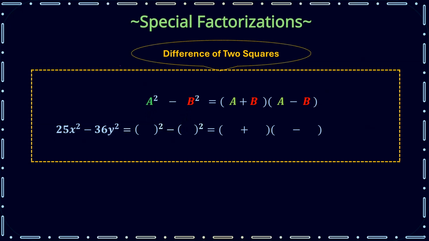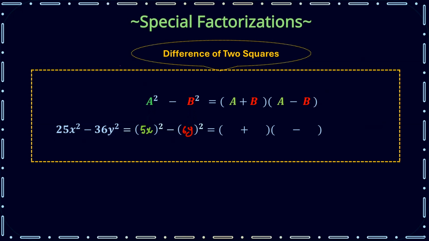So here 25x squared is the square of 5x, and 36y squared is the square of 6y. Now we can identify 5x with A and 6y with B and plug the result in the parentheses where I have blank spots.